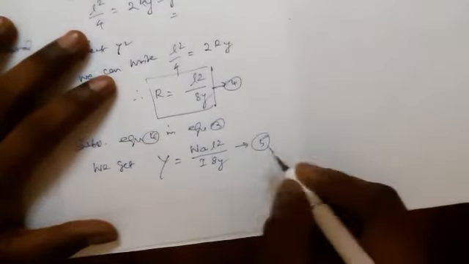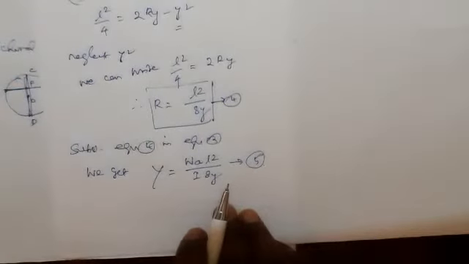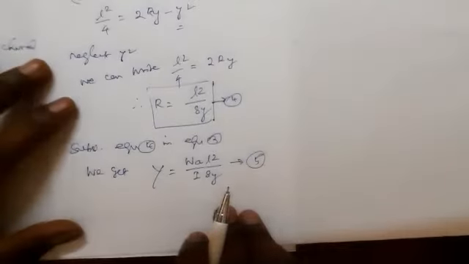Equation number 5. This is the expression for Young's modulus of a beam using the uniform bending method.